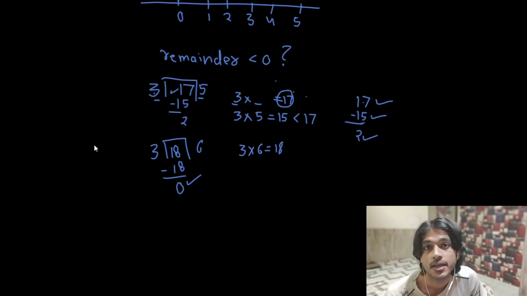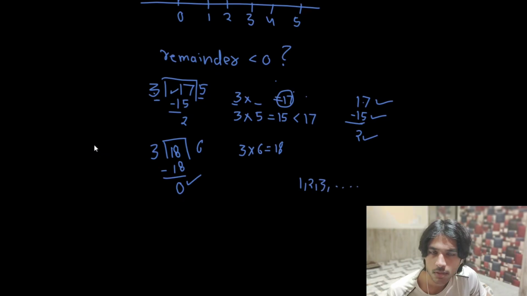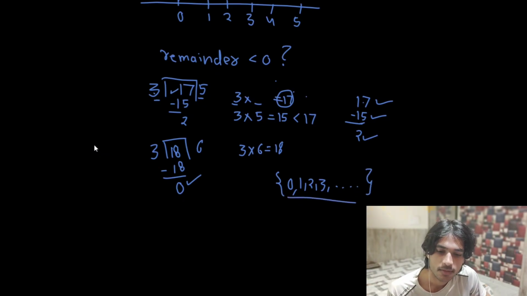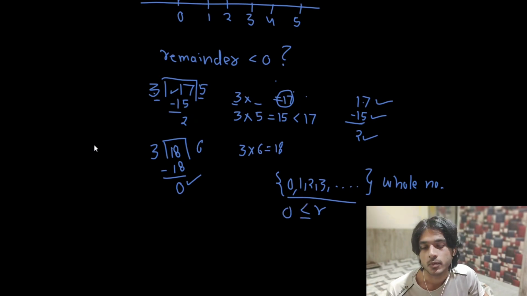So it is either a natural number, that means 1, 2, 3, 4, one of these, or it is 0. And we learned yesterday that this collection is basically called whole numbers. And if R is one of the whole numbers, it has to be greater than or equal to 0.